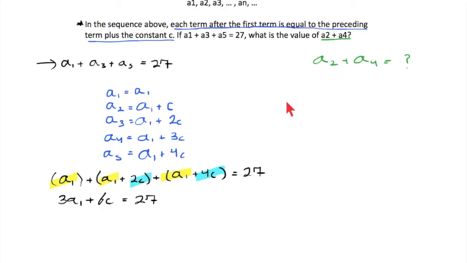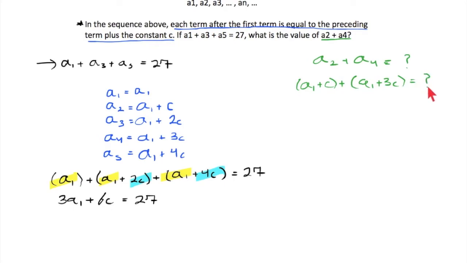It's not really an equation, because we can't use it in tandem with this one. We don't know what it's equal to, it's not complete. But it can be rewritten by similar methods. We could rewrite a2 as a1 plus c, and a4 as a1 plus 3 c's.